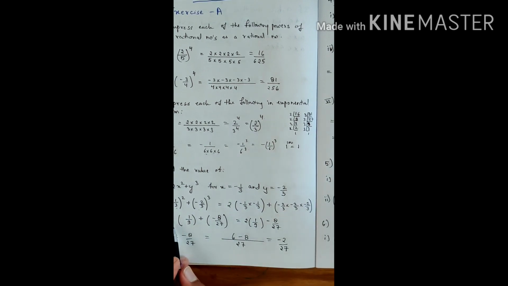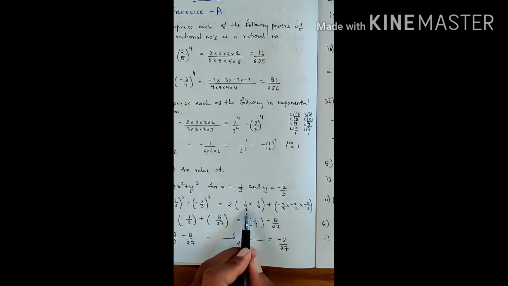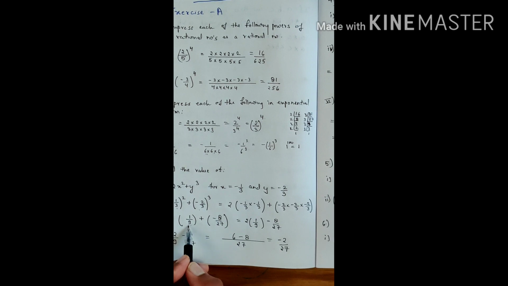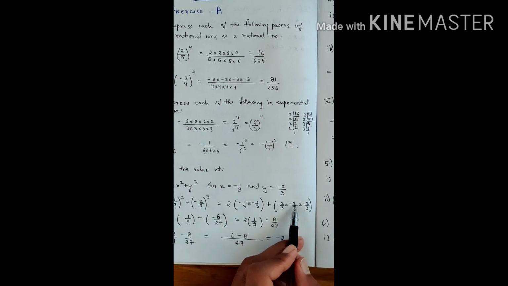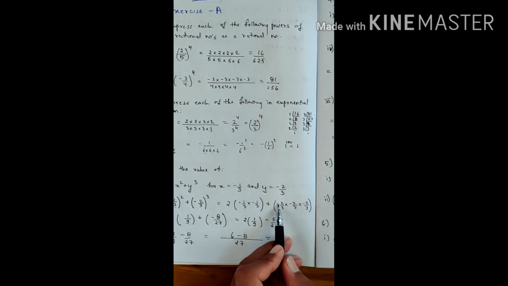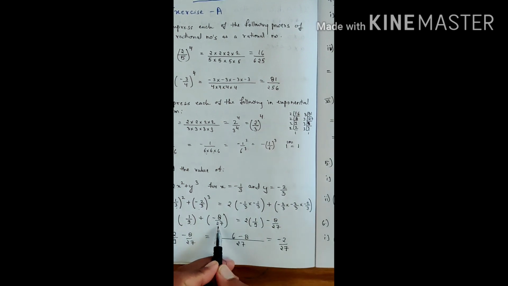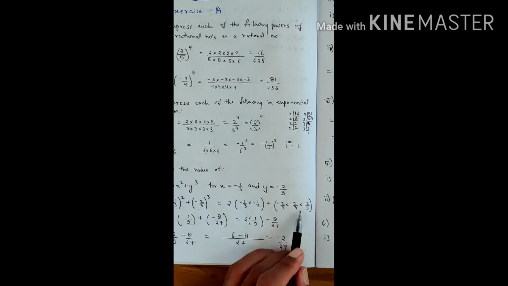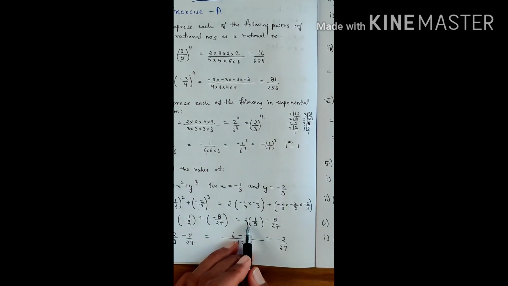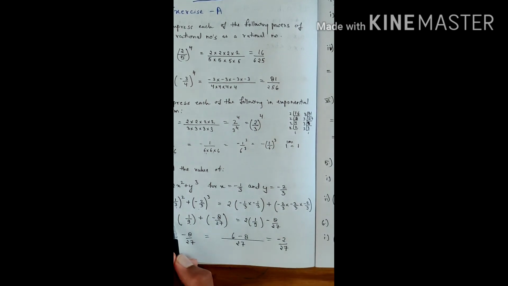Now moving ahead, this 2 will remain outside, and -1/3 into -1/3 becomes 1/9. Similarly 2 into 2 is 4, and 4 into 2 is 8, but minus minus is plus and plus minus minus, therefore the minus sign will come. Similarly, 3 into 3 is 9, 9 threes are 27. So this will come to be 2.